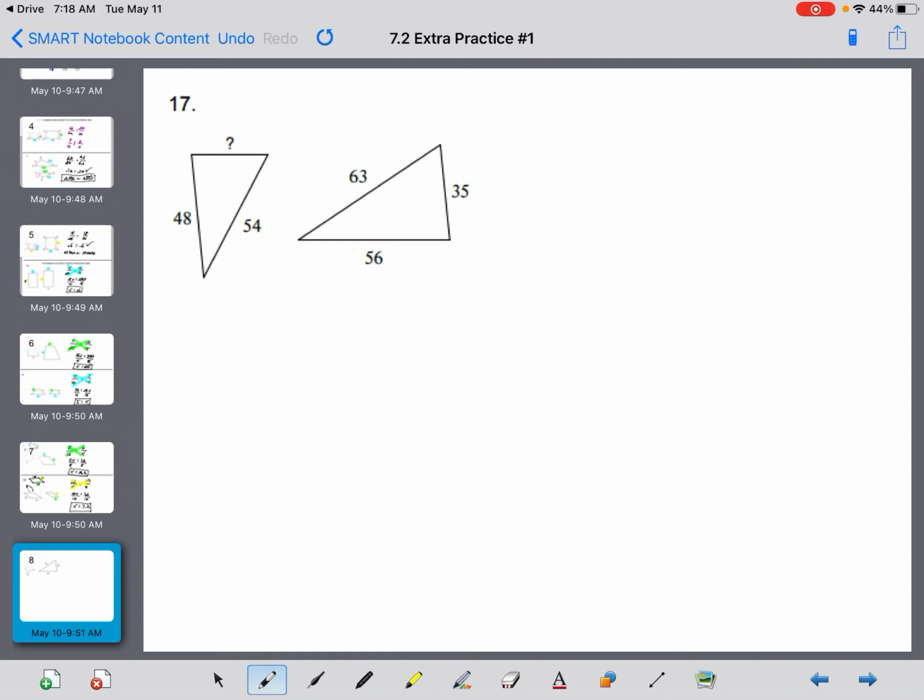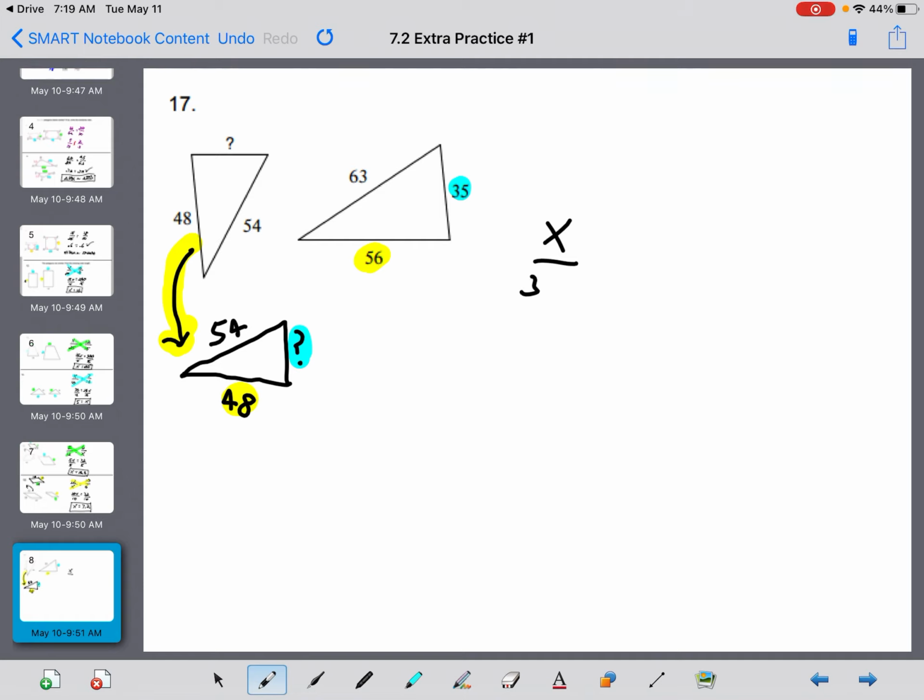All right, here's your last one. If I was to recreate this shape to make it look like the larger one on the right, I would turn this into this, okay? My question mark is still on the long side, which means my 54 is here and my 48's on the bottom. Okay, so it doesn't matter what we choose. I'm going to use 48 and 56. And I'm going to use the question mark and 35, okay?